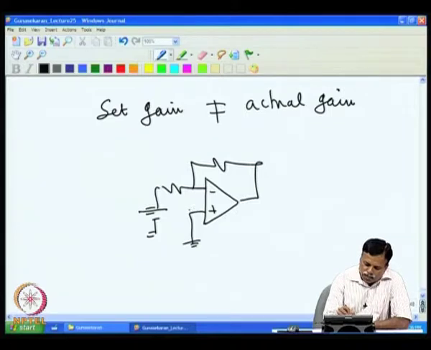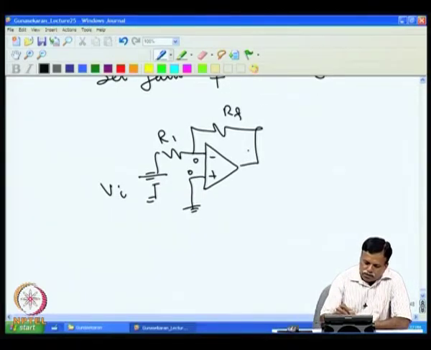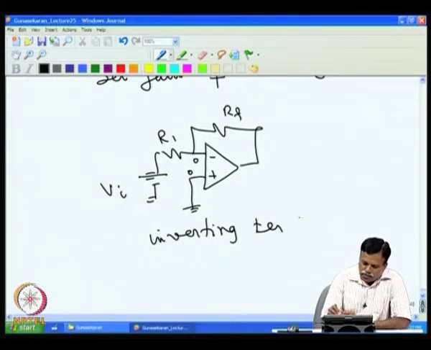So, we assume that the inverting terminal voltage is equal to the non-inverting terminal voltage.